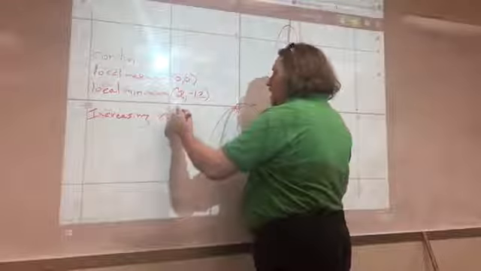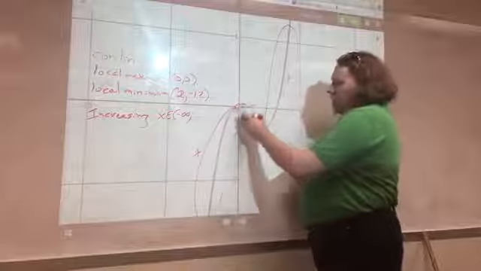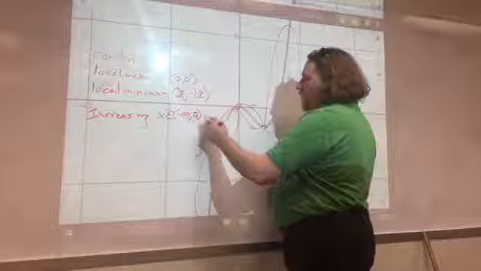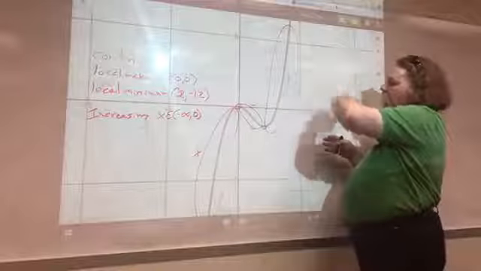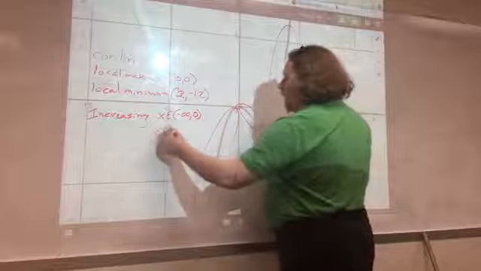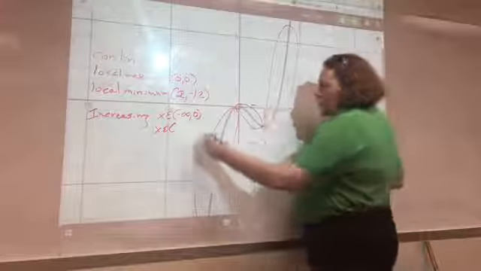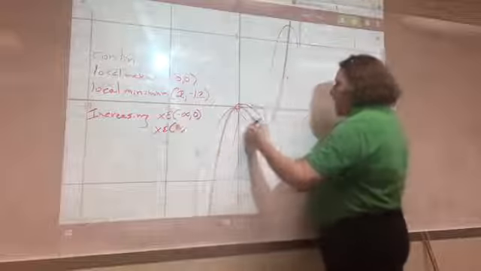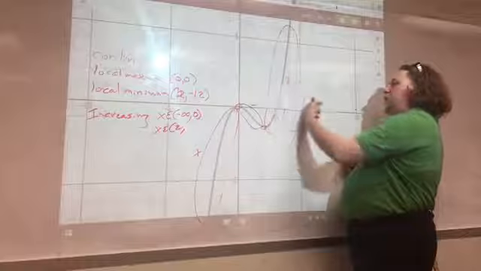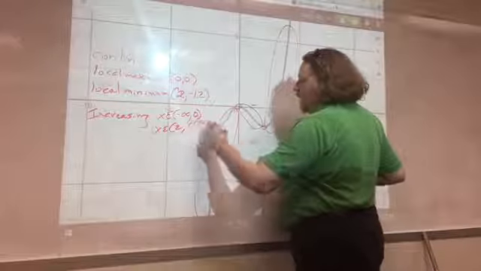So x, -infinity, up to, right here at the origin, x is 0. And we also have one here. This is also an increasing interval. So x from, on the left, we have x is 2. And as I follow this graph to the right, it goes up, going to the right, going up, going to the right, infinity.